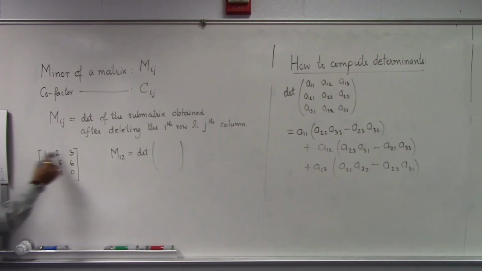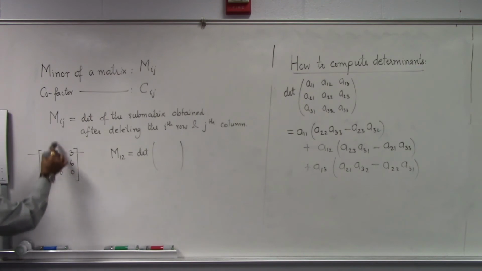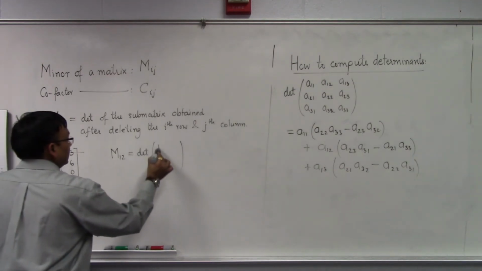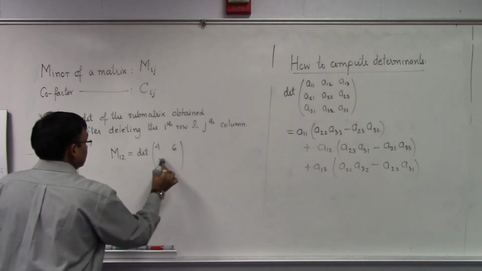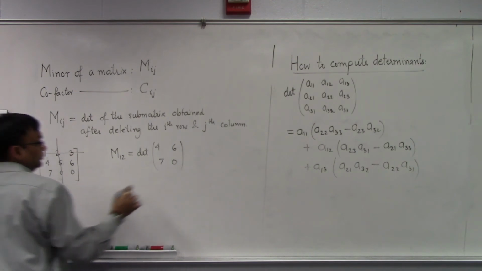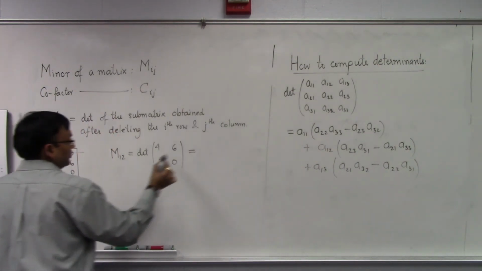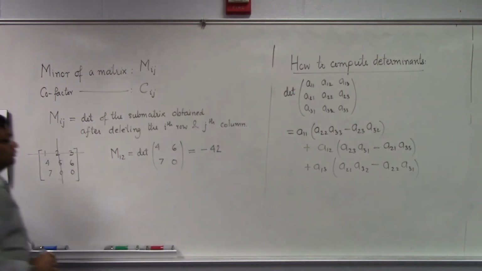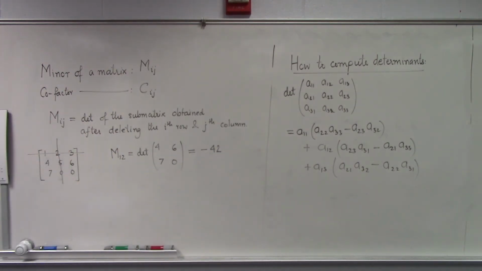So if I delete the first row and the second column, then whatever submatrix is left, the determinant of that is what I call my minor M12. And using our knowledge of a 2 by 2 matrix, this will turn out to be minus 42. So M12 turns out to be minus 42.